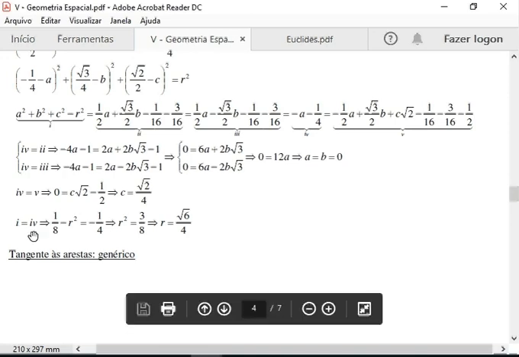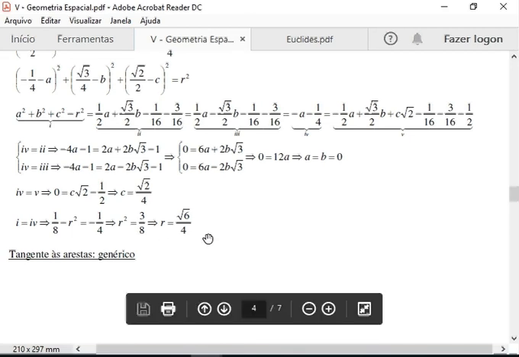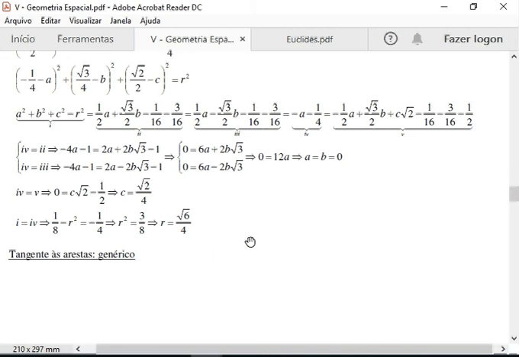And if 1 is equal to 4, then who is R²? R² is 3/8, so R is √6/4. That's a subject of fundamental school, not high school.